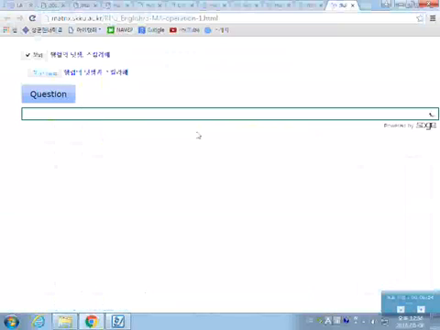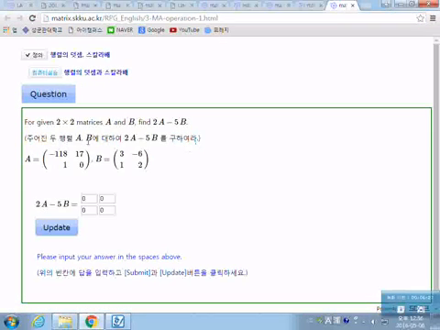And also here is another operation, the scalar combination 2A minus 5B, meaning scalar products with two matrices and some operations between them. Again, there are some definitions and computer exercises.